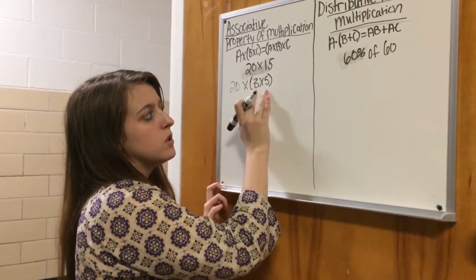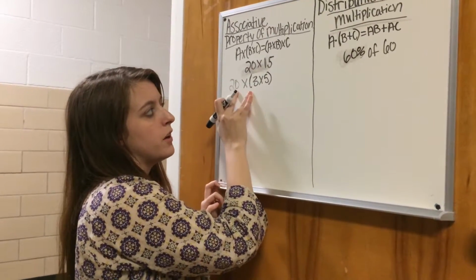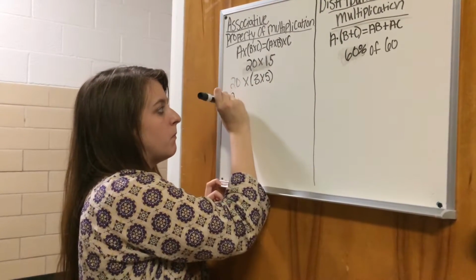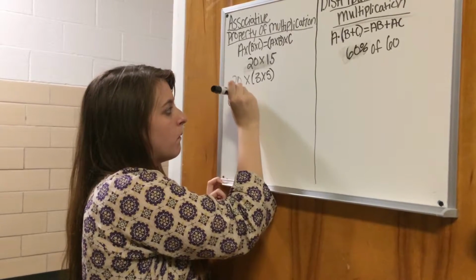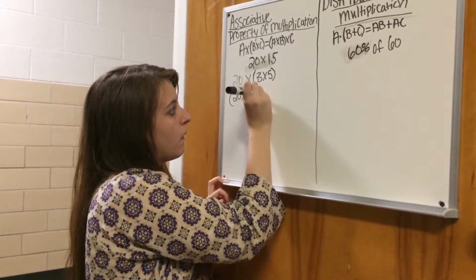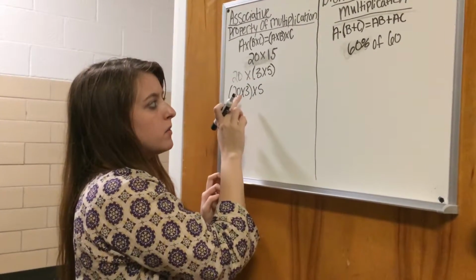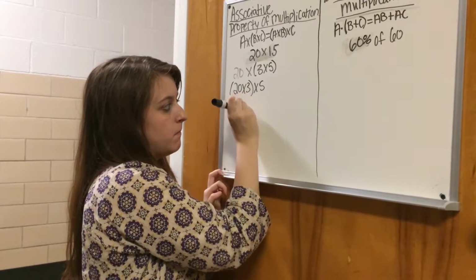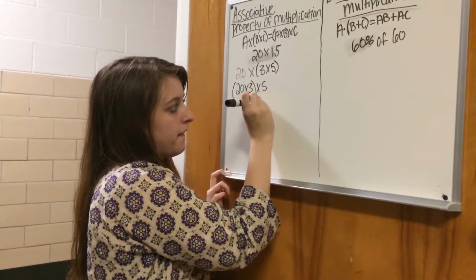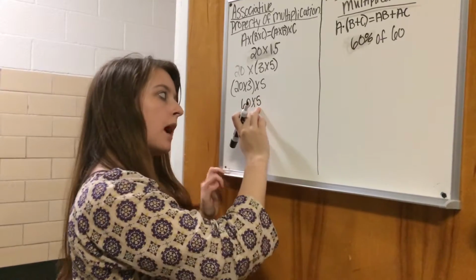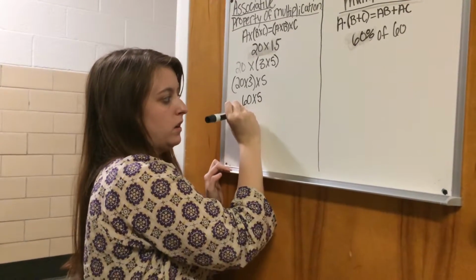So I'm going to switch the parentheses to 20 and 3. 20 times 3 is 60, and then 60 times 5 is 300.